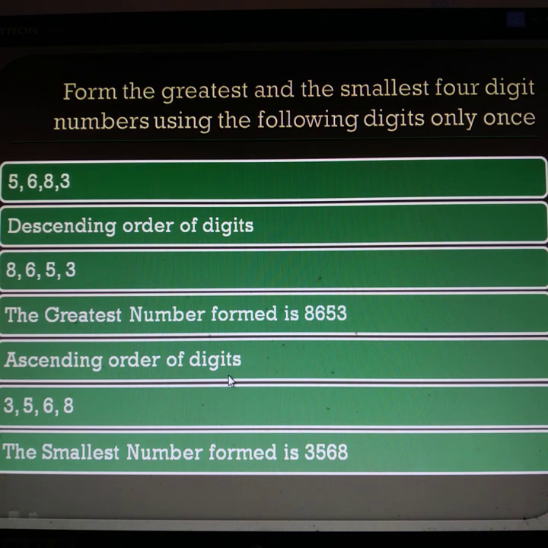In a similar way, to form the smallest number from the given digits 5, 6, 8, 3, we arranged the digits in ascending order. So ascending order is 3, 5, 6, 8. Hence the smallest number formed is 3, 5, 6, 8. In this way you can make the greatest number and smallest number using the given digits.